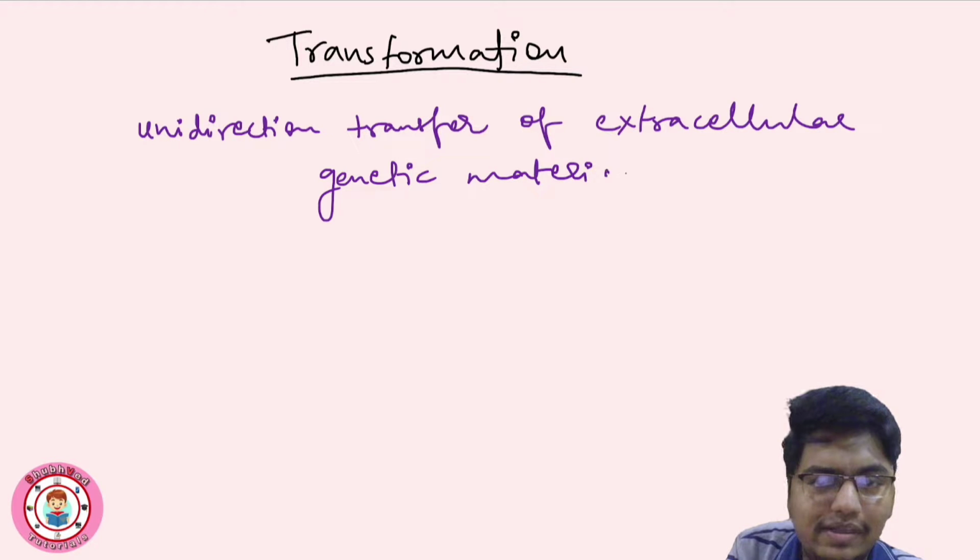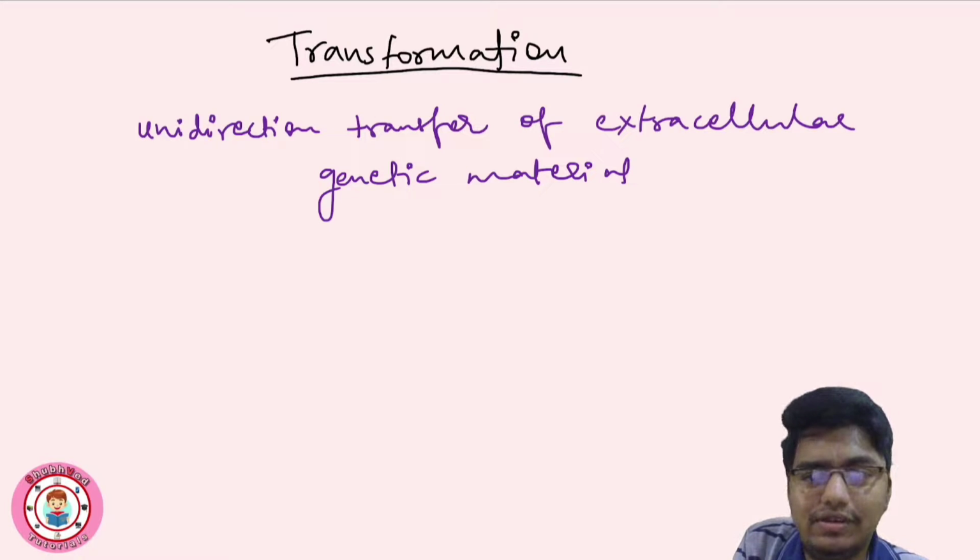In the conjugation video, the genetic material was present inside the bacterial cell, that is the plasmid, which we called the F factor. It was intracellular. In transformation, the genetic material is extracellular.